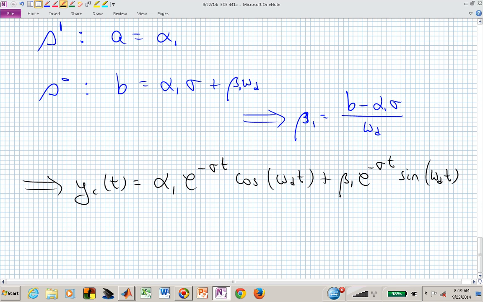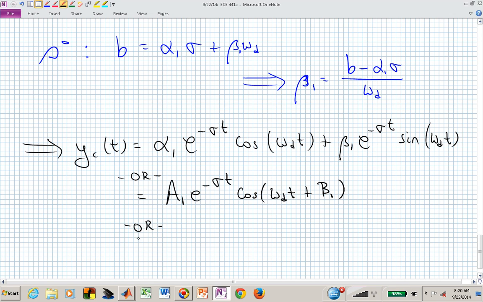Meaning this equation could be written as, let's say, an a1 e to the minus sigma t cosine omega sub d t plus b1, or we could say an a sub 2 e to the minus sigma t sine omega sub d t plus b sub 2.